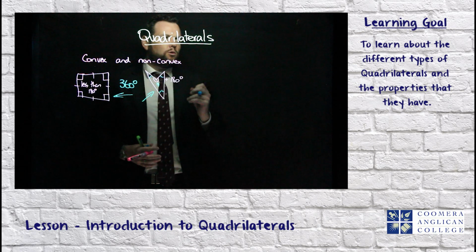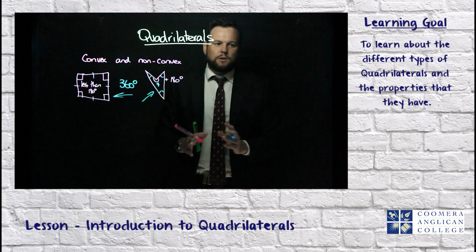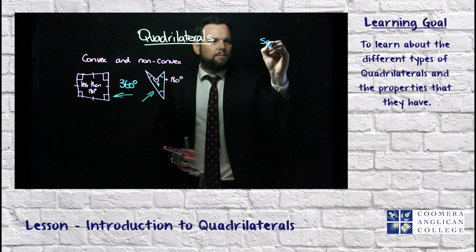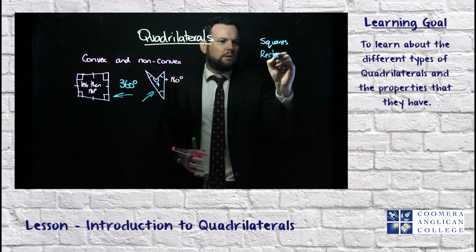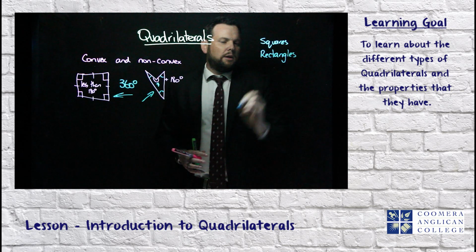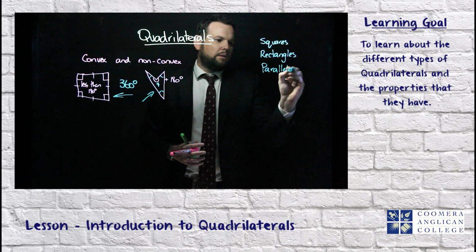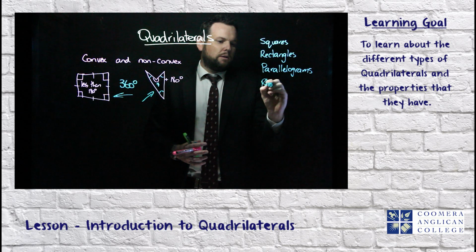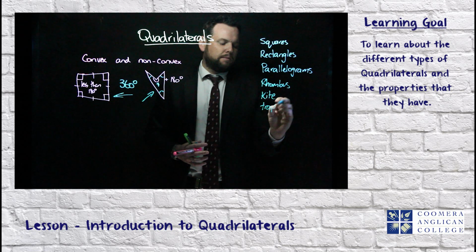Now there are some special types of quadrilaterals, okay? Special types of quadrilaterals have different properties. So you've got squares, rectangles, parallelograms, rhombuses, kites, and trapeziums.